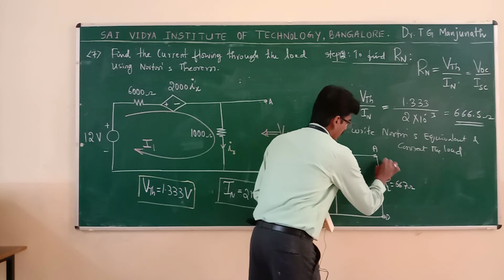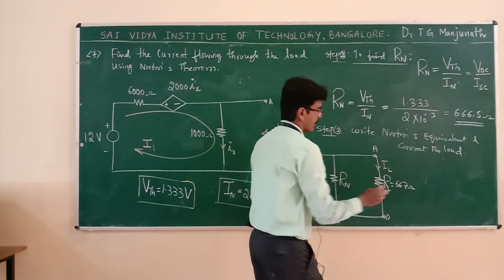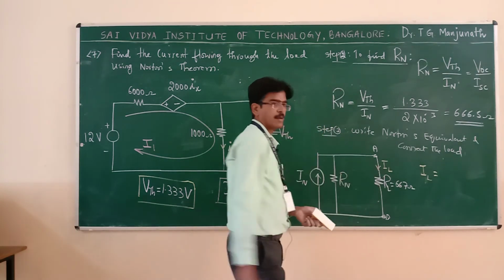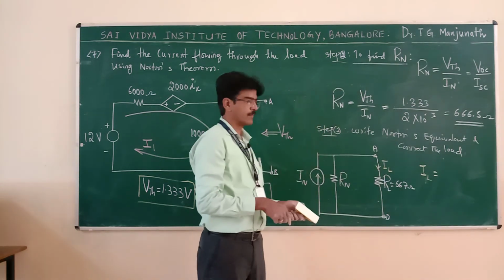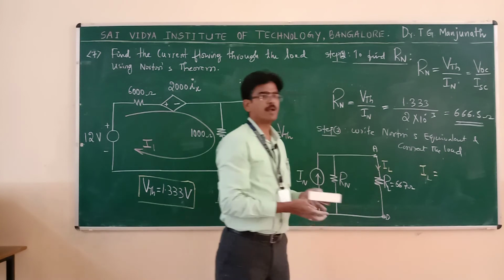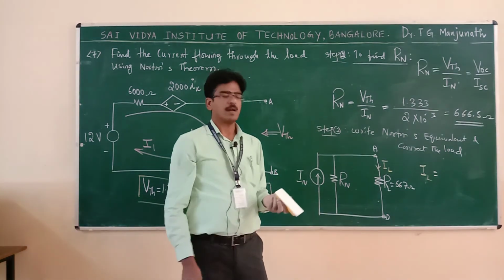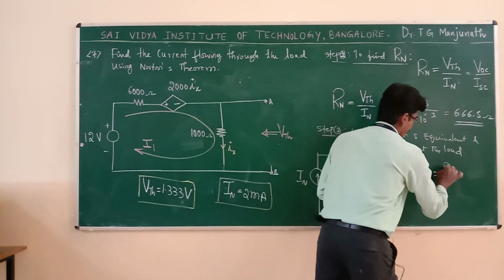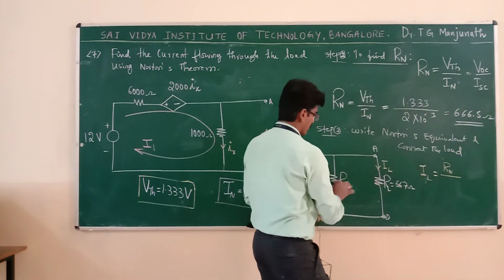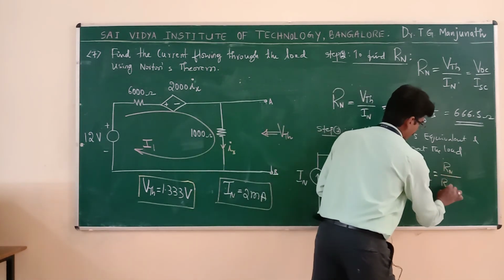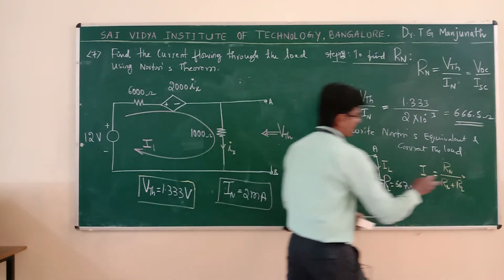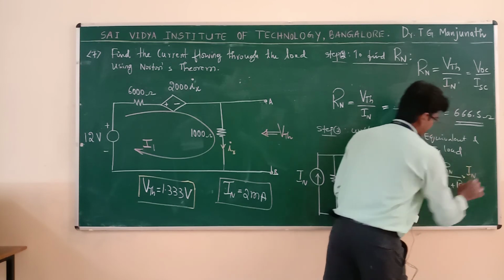So the load current is equal to, the two resistances are in parallel, you know the total current. I can find the current in this branch using the current division rule. IL is equal to the opposite resistance divided by the sum of these two resistances, into the total current entering the parallel branch.